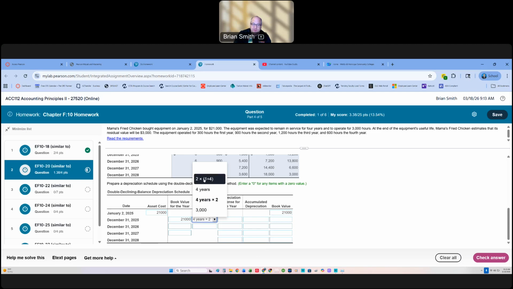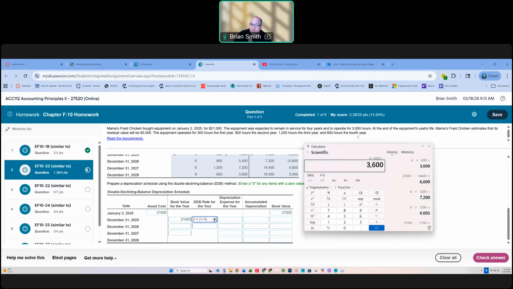Actually, it's this one. Sorry. It's 2 times 1 divided by 4, because 25% is the 1 divided by 4. And then we're doubling that. It should be 50%. So I had to think that one through.